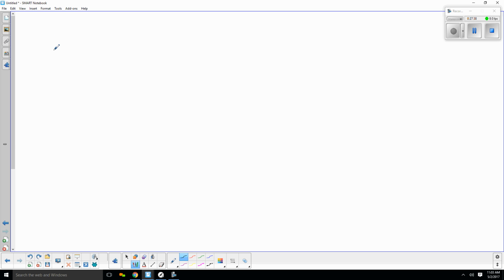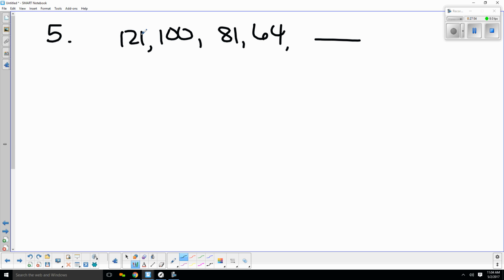Number 5 says a pattern of decreasing perfect squares is shown below. So 121, I went to 100, went to 81, 64, and then I had a blank. So what number did I multiply together to give me 121? 11. And what about 100? And 81? And 64? 8. It's decreasing right there. They told me that. So what's the next one going to be? 7, which gives me 49.